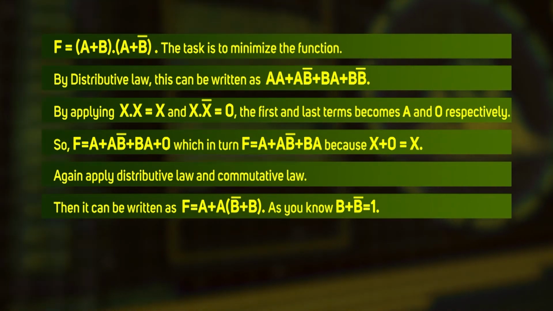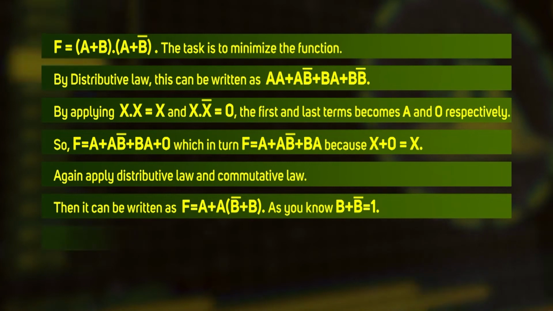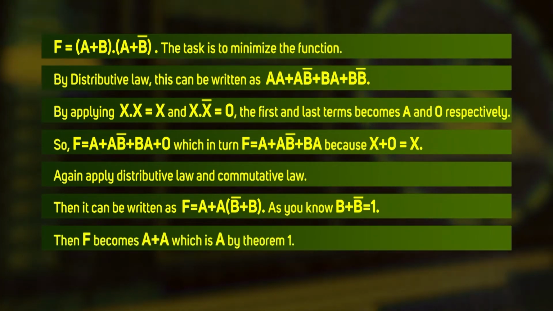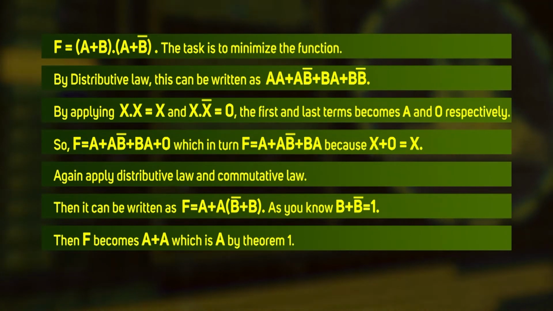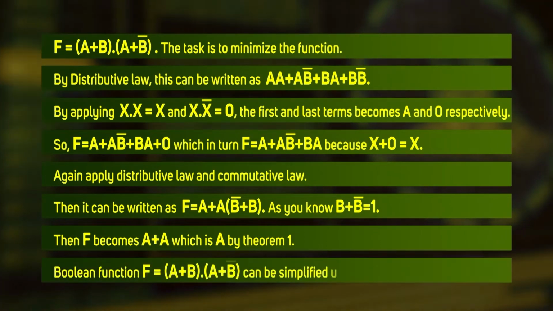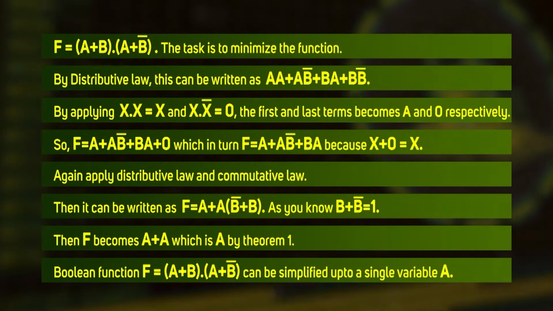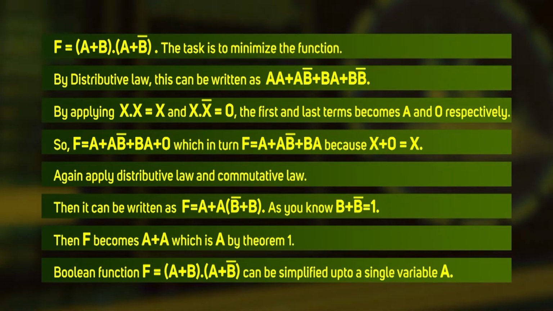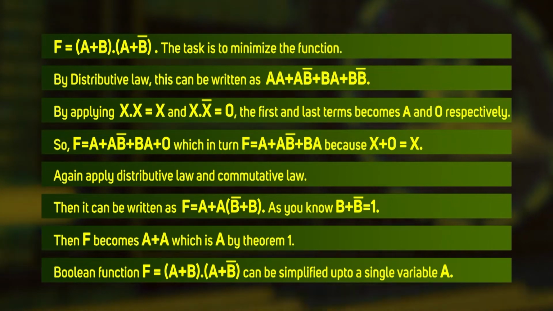As you know, b complement plus b is equal to 1. Then f becomes a plus a, which is a by theorem 1. So, the Boolean function f is equal to (a plus b) dot (a plus b complement) can be simplified to a single variable a. More exercises on minimization of Boolean functions are given in the course page for your reference.